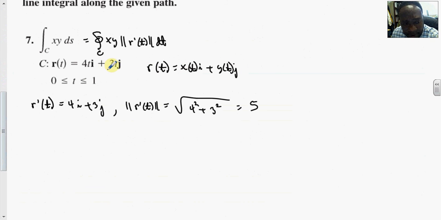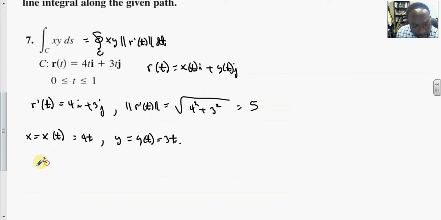So if that's the case, then here x is equal to 4t and y is equal to 3t. Do you see that? So here x of t, think about that as x, is equal to 4t, and y, which is the same thing as y of t, is equal to 3t.